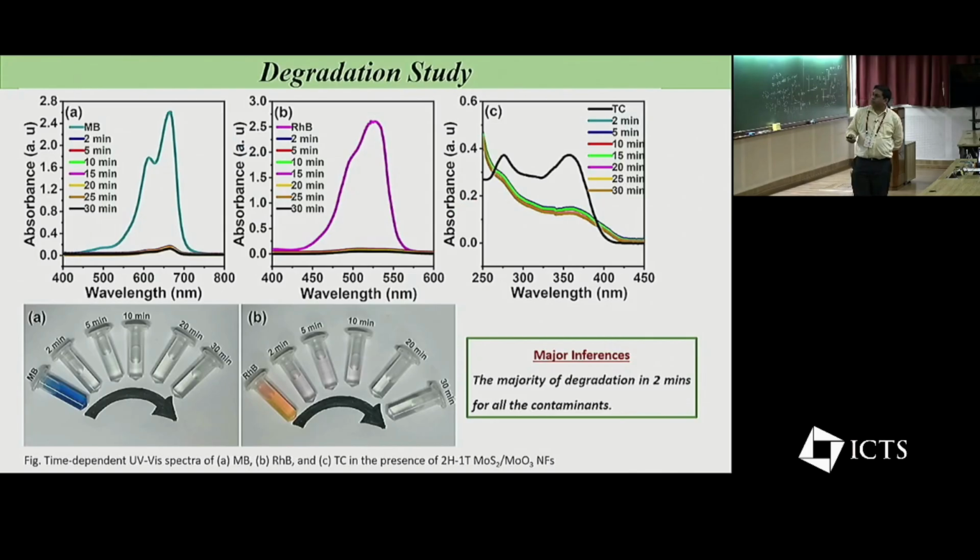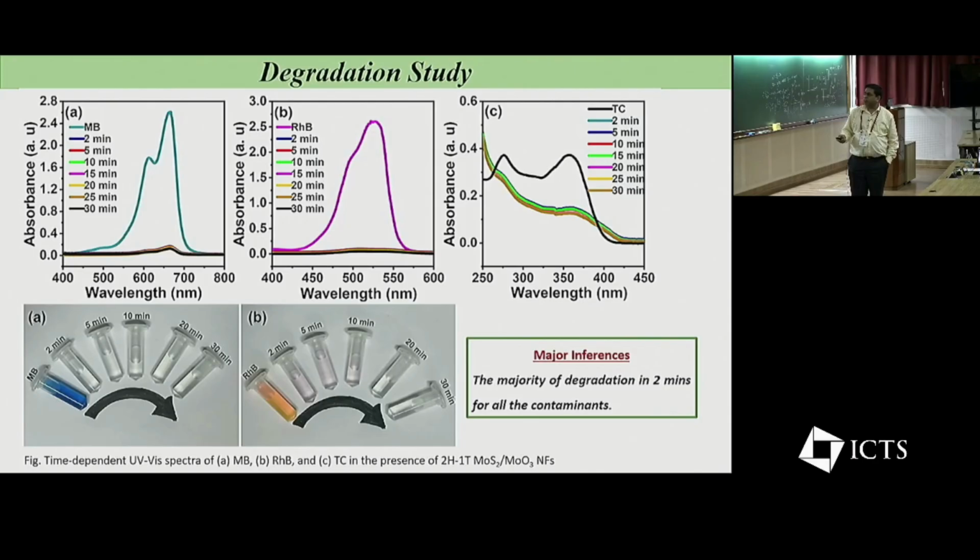For the application part, we have tested this nanoflower on 3 different contaminants, mostly methylene blue, rhodamine B, and tetracycline, a pharmaceutical contaminant. You can see that within 2 minutes, the signal dropped almost to 0.